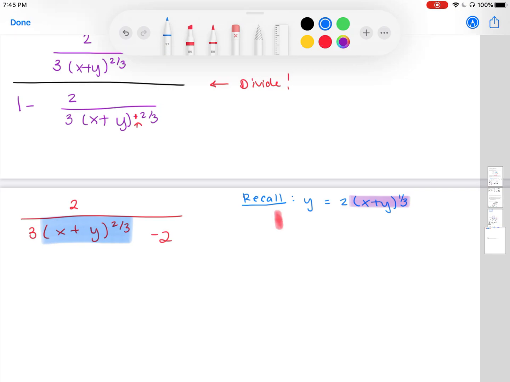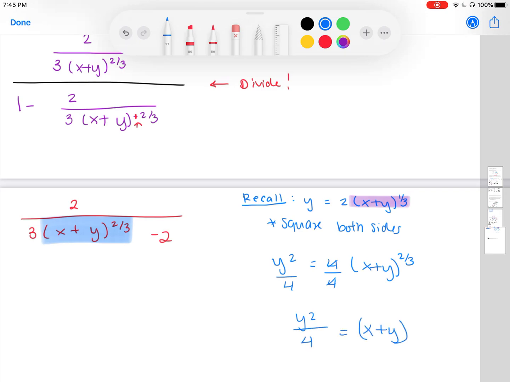So if we square both sides, we'll get y squared is equal to 4 times (x plus y) to the 2/3 power. So that means that if we divide by 4, y squared over 4 is equal to (x plus y) to the 2/3 power.